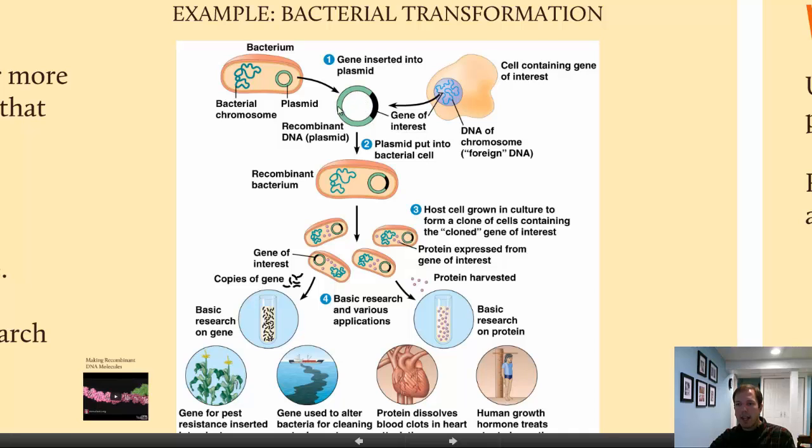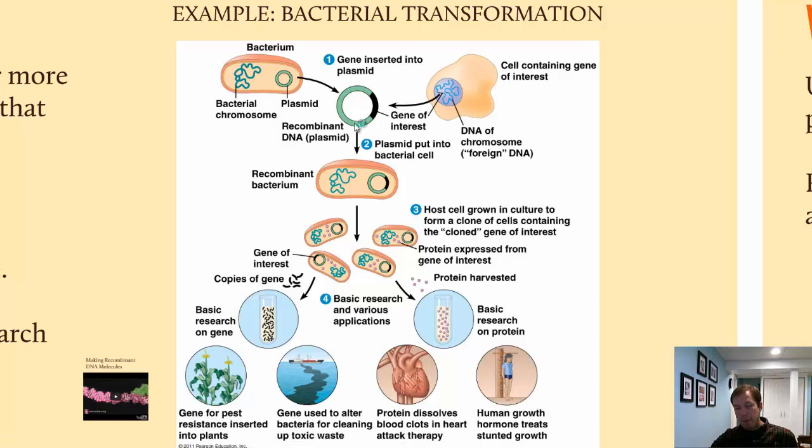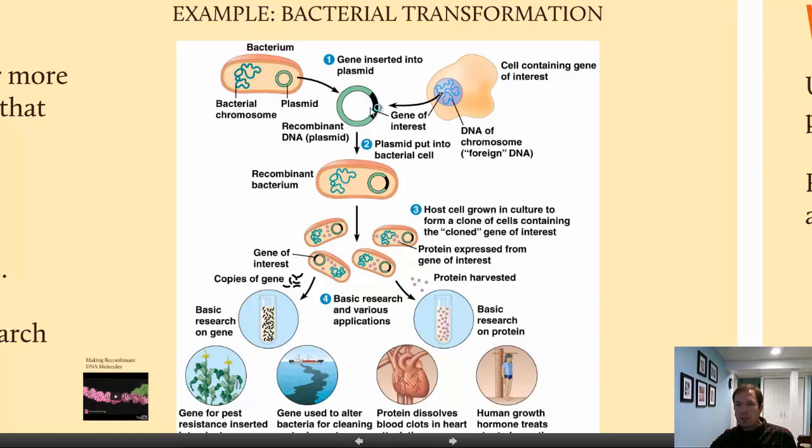It's important that the plasmid also has a marker in it, something like the GFP protein or ampicillin resistance. So that plasmid gets inserted into the cell, and so now that bacteria cell will express the genes that are on that particular plasmid.